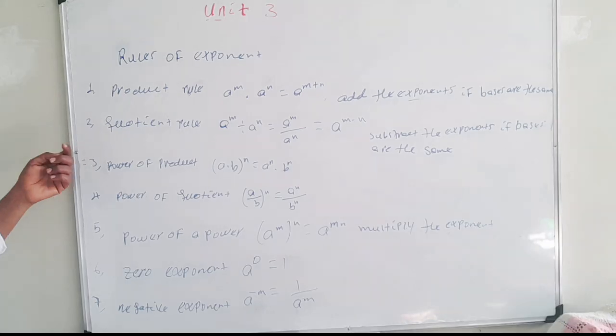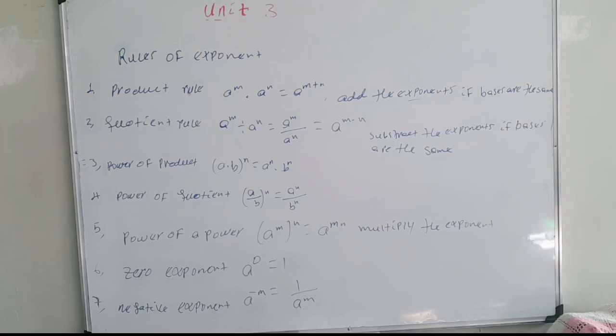The second one is the quotient rule, a to the power of m over a to the power of n equals a to the power of m minus n. Subtract the exponents if bases are the same.